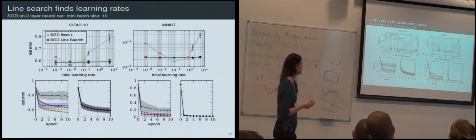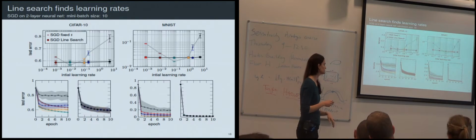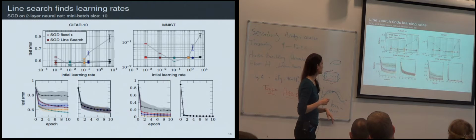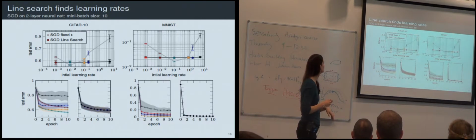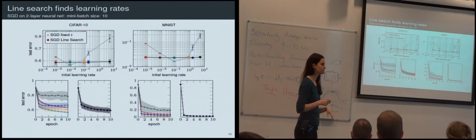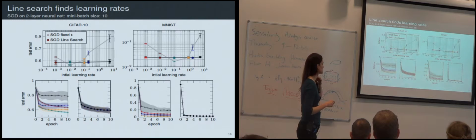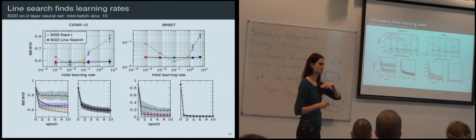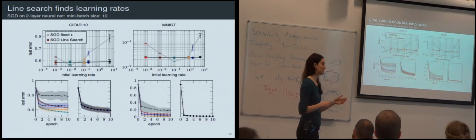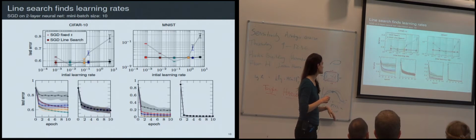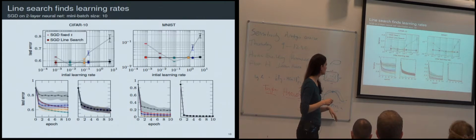So what I've done is we've trained some neural networks. The left plots here are for CIFAR-10 on a 2-layer neural network, and the right one is on MNIST. We started the algorithm once with fixed learning rates. This is the test error performance versus the learning rate we started with.